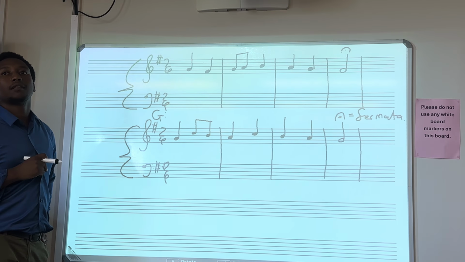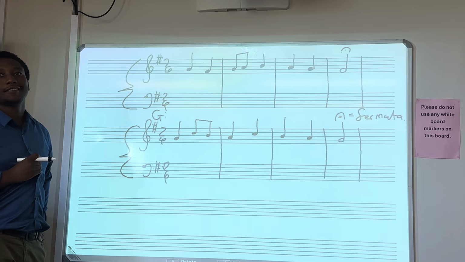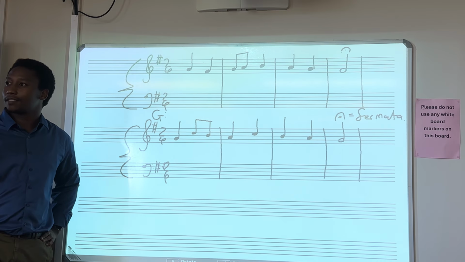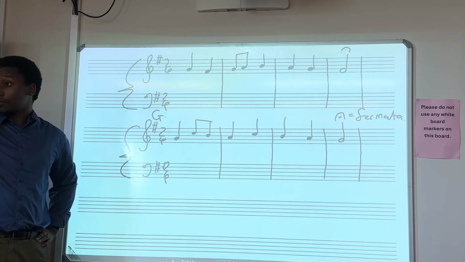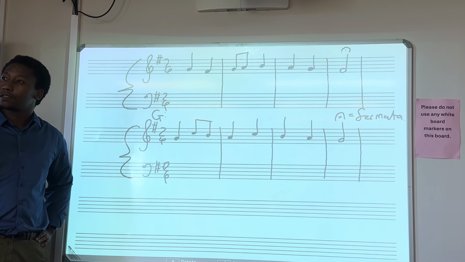Uh-huh. The given key. Very close. You are correct, but I need a firm answer. Yes. The last note would be raised. The last note on the scale. What is the last note of the scale? It's F. Is it not? Yes. The raised seventh.